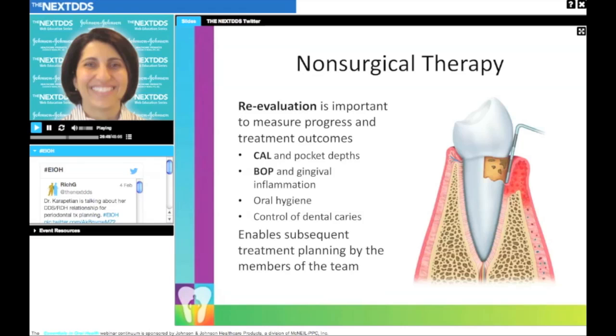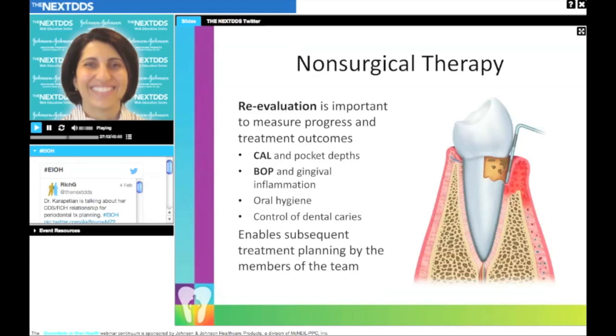So one thing that's important after we perform the physical non-surgical phase of therapy is to bring the patient back for a reevaluation. And again, this part is performed by my dental hygienist. The literature states that 4 to 6 weeks after performing scaling and root planing treatment, the patient comes back for a reevaluation.